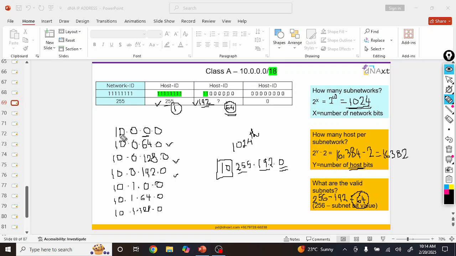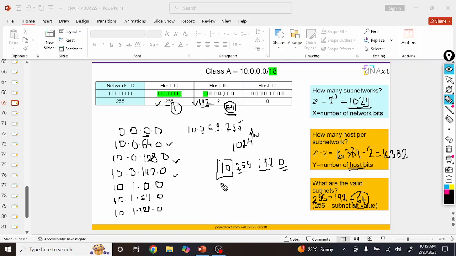Okay, the first valid host here will be 10.0.0.1 and its broadcast ID is 10.0.63.255. So the last valid host will be 10.0.63.254. Okay, in this way we will write each subnetwork, their broadcast ID and their first valid and last valid host.